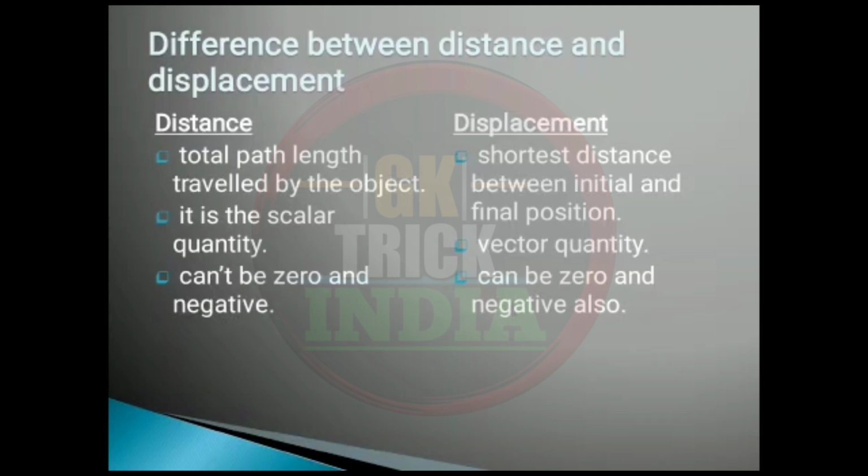So with this definition, distance becomes a scalar quantity which is not dependent on the path traveled or the direction it traveled. It only depends on the magnitude, the numerical value. While the displacement is a vector quantity which depends both on direction as well as the path traveled.